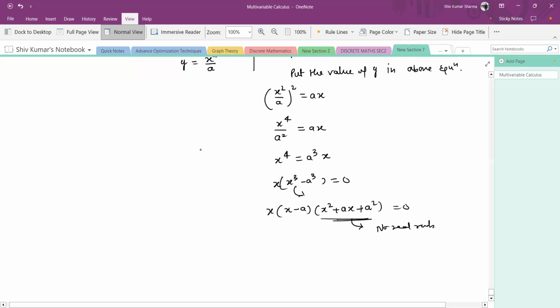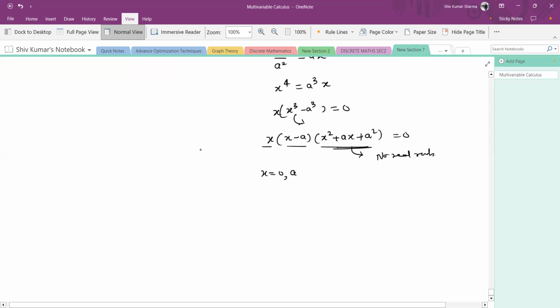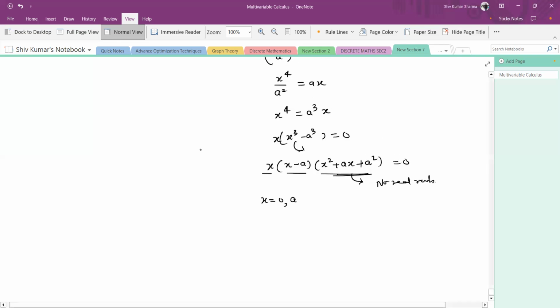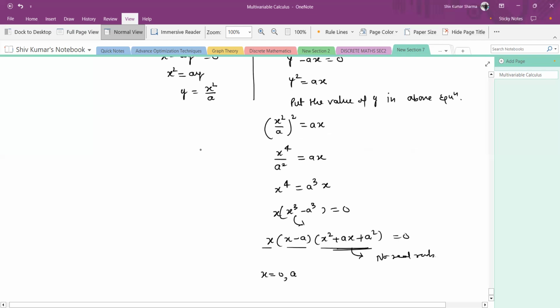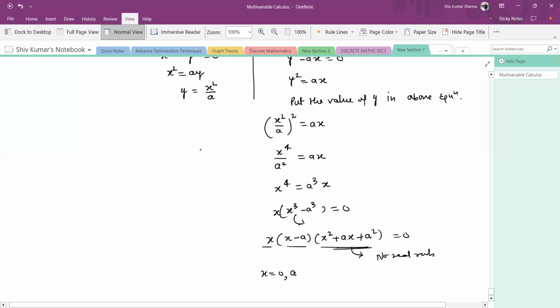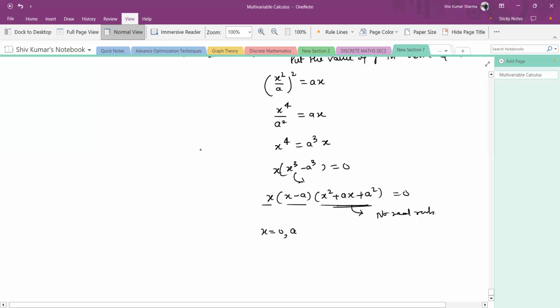Now we find the roots from the first and second factors. This gives us x equal to 0 and x equal to a. These values of x, x equal to 0 and x equal to a, we put into the above equation to get the value of y.